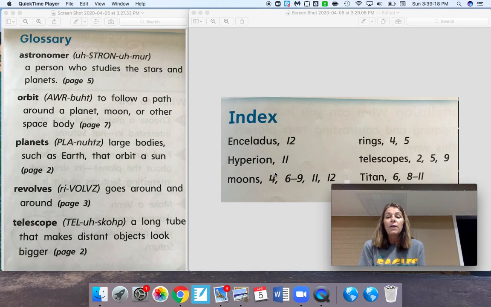But most often what you will use the index for is if you're doing a big report writing and you're using a book, or maybe sometimes in math I'll turn to the index in the back of our math book to see if I can find problems from area on other pages besides just the page we're doing for that day. I also use it in science quite a bit.